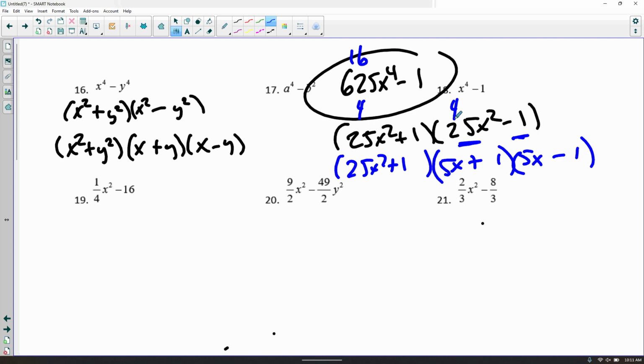There is another one. 81, yes. If you have an 81, it would break down to 9 and 9, right? Which would break down to 3 and 3. So there are only like 625, 81, and 16 that would actually do that.